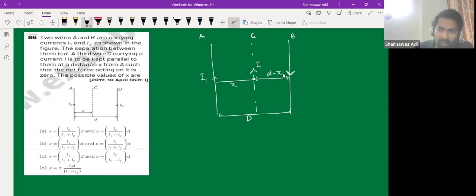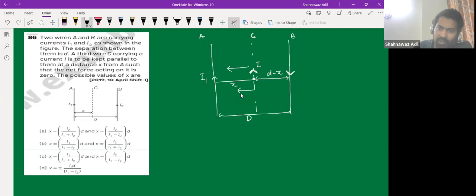And we know that we are calculating the force on this wire, right? If this is the direction, so this will try to pull this thing towards its direction. And if I'm calculating due to this wire, this will try to move this thing in this direction, right? Right, guys?